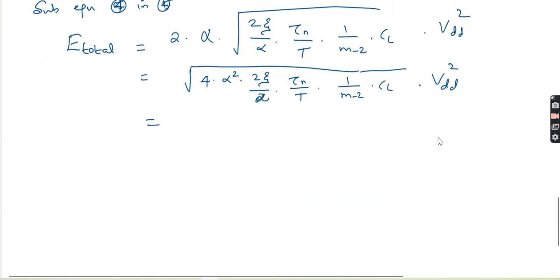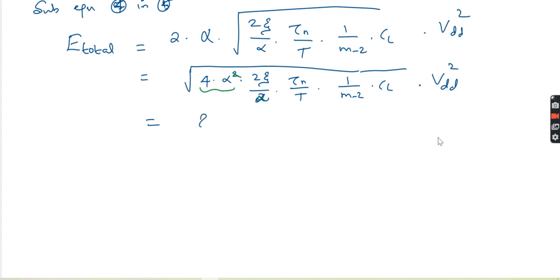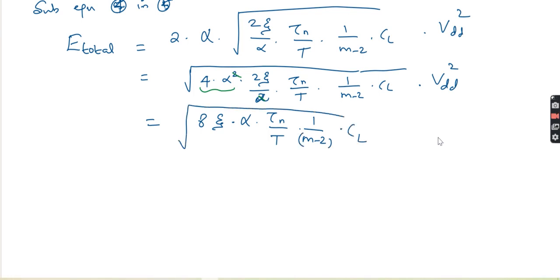Now this alpha square and alpha will get cancelled, then 4 into 2 is 8. So I will get 8 into alpha into tau n by t into 1 by m minus 2 into CL, all in the root, into VDD square.